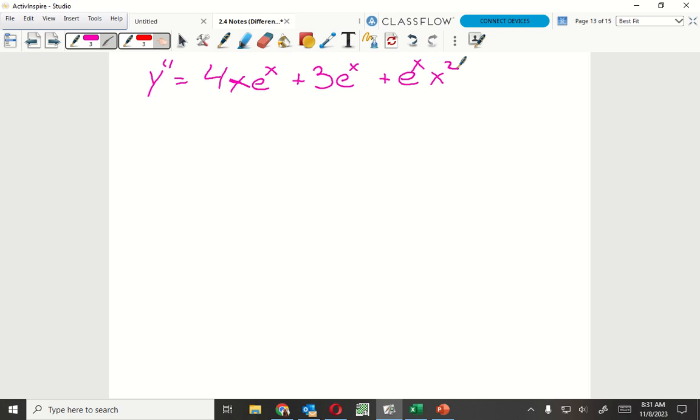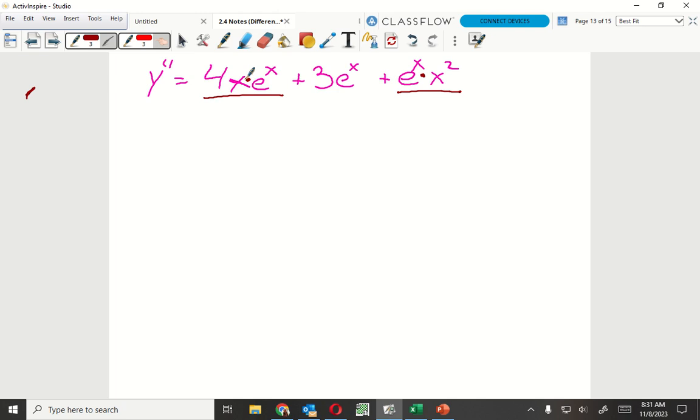Okay, so where is my next product rule? I have a product rule right here, because these two are being multiplied together. Is there a second variable in there?